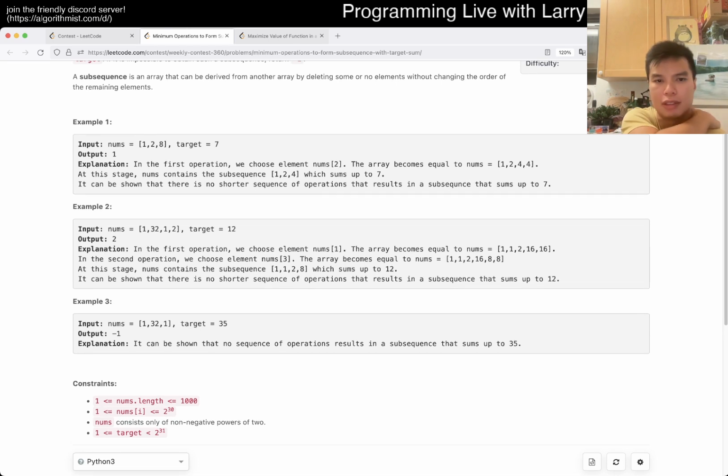Is it a bitwise thing? All powers of 2s, what does that mean for me?